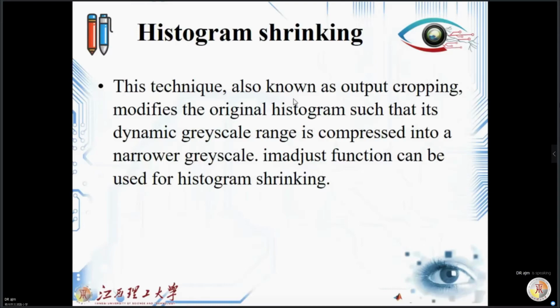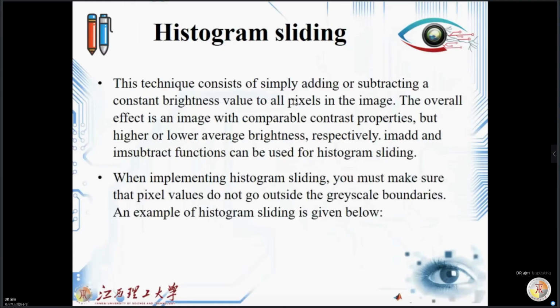Let us see one more part, which we call histogram sliding. This technique consists of simply adding or subtracting some contrast or brightness value to all pixels in my image. The overall effect is an image with comparable contrast properties, but higher or lower average brightness, respectively.